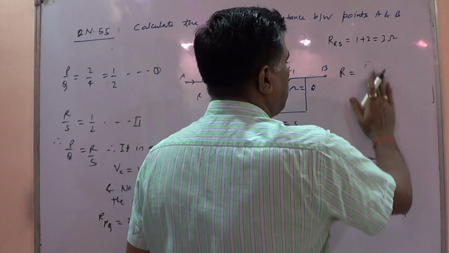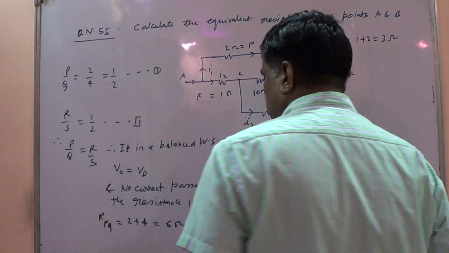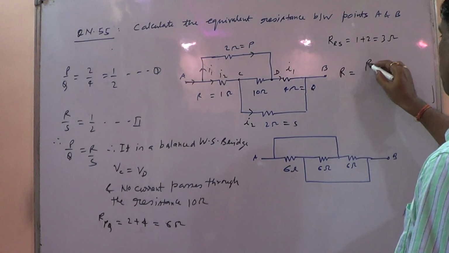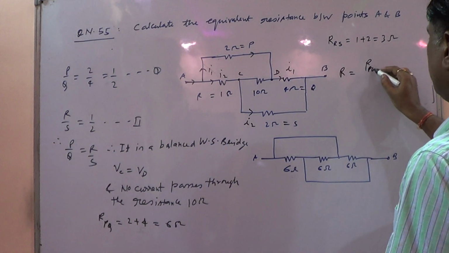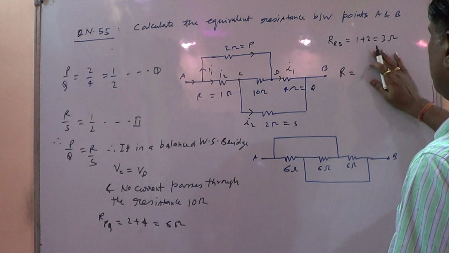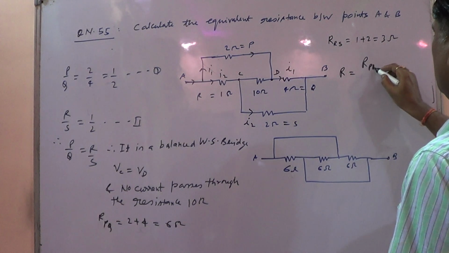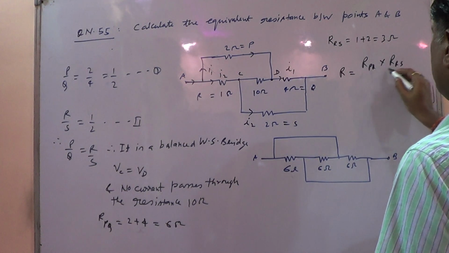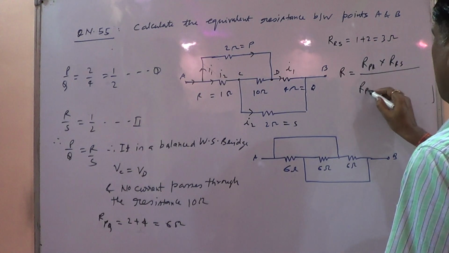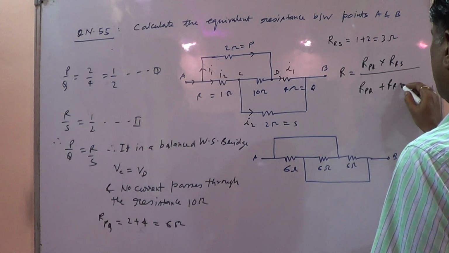So I will write in place of this formula: Rpq into Rs by Rpq plus Rs.